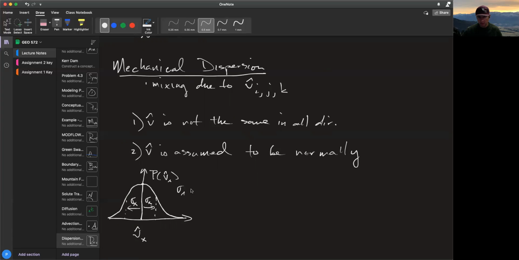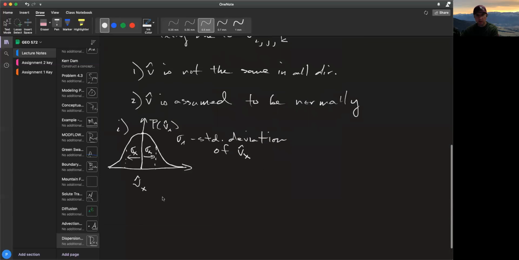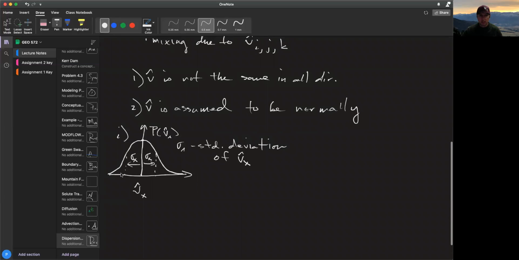Sigma x is the standard deviation of our random velocity distribution in the x direction, v sub x, all right? So we might have one distribution for v sub x, and let's put some arbitrary numbers here, and let's say that this is 10 and this is minus 10.